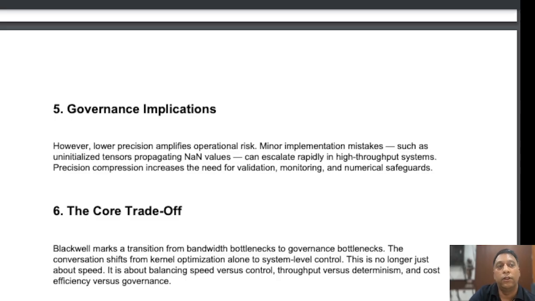We need to have different layers, more predictability, or in other terms, deterministic SLOs, service level objectives, that we need to define, be it at the input stage when the data is admitted to the system, or be it how the memory is being utilized.